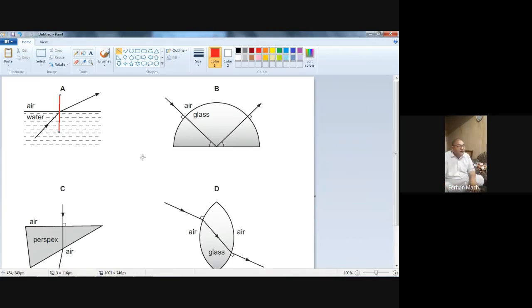In diagram B, the light entered the glass making a 90-degree angle with the glass, so no deviation should take place. It should go straight without deviation. And here the angle of reflection and the angle of incidence should be equal.